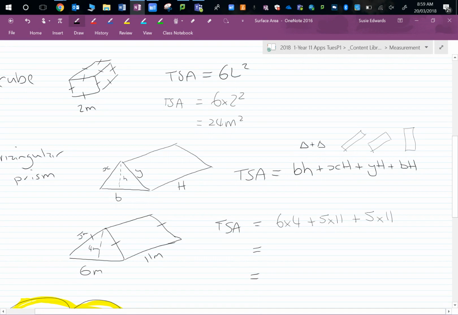Because of those dashes, they're actually the same rectangle, and the base would be 6 times 11.